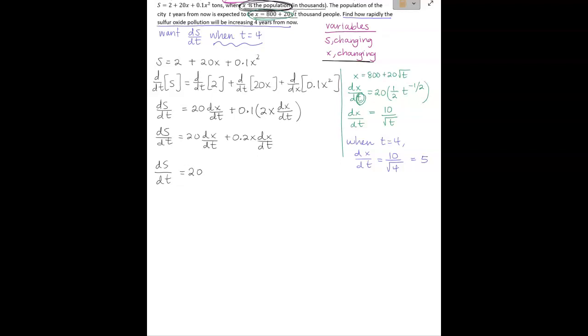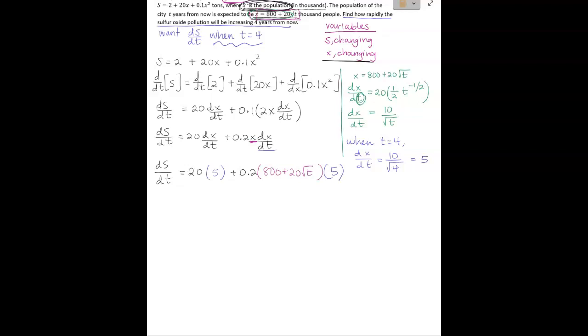So this is 20 times 5 plus 0.2x. Well, x is this here, this 800 plus 20 root t. And then there's a dx dt on the end of that, so there's a 5 there.